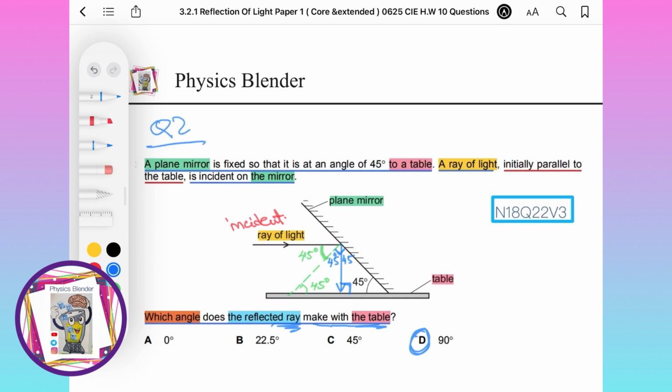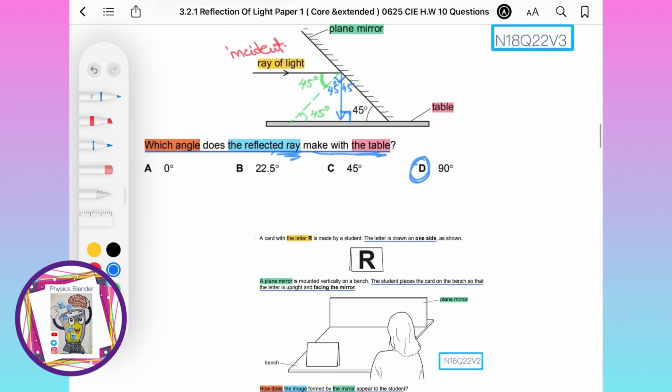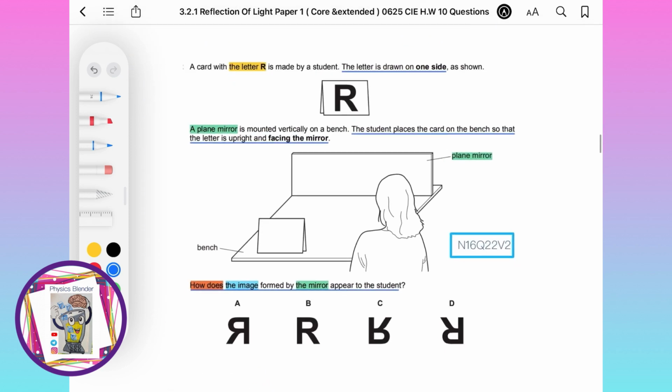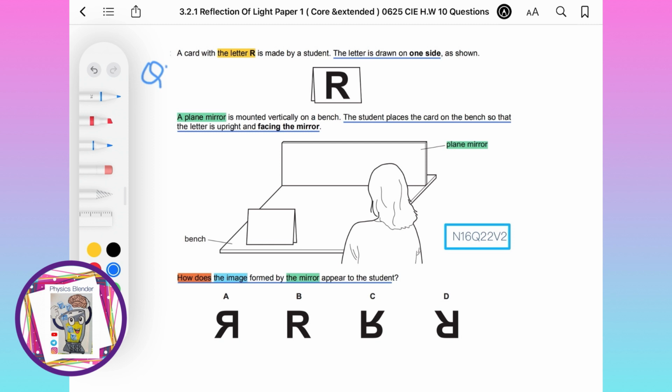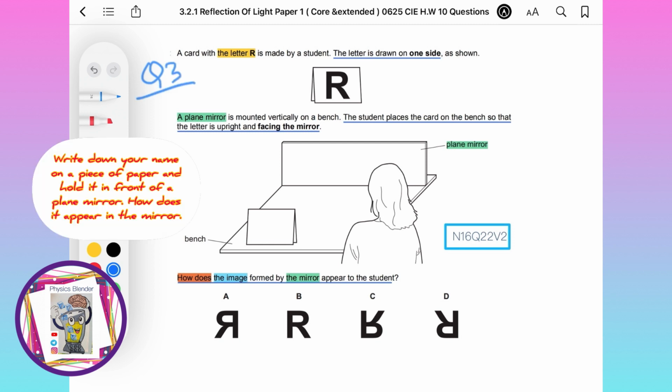Let's move to question 3. We have here also the characteristics of the image formed by a plane mirror. How does this R appear in the mirror, facing the mirror? The letter is upright and facing the mirror. How can the student see the image of this R in the mirror? You have to exclude the letters which are inverted upside down.